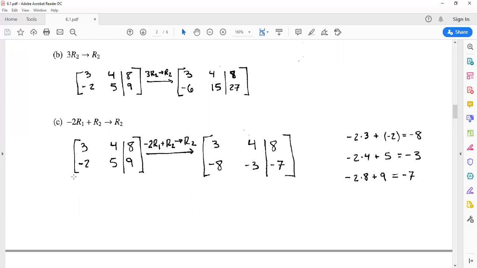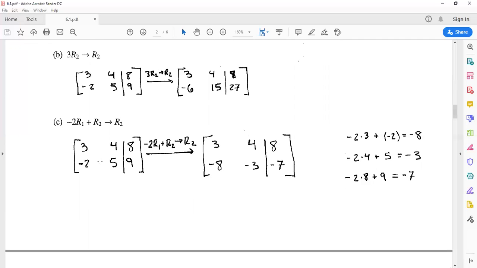Here we have -2 in the first column entry of the second row. Off to the side, I wrote that number -2, and we're going to add to it -2 times the number above it, which is 3. That gives us -8. So I'll replace the -2 with -8.